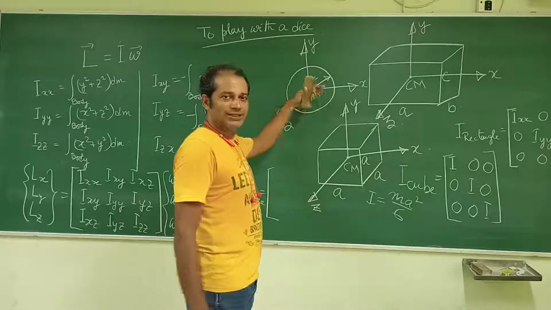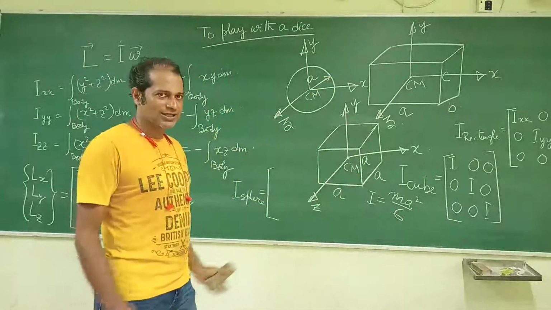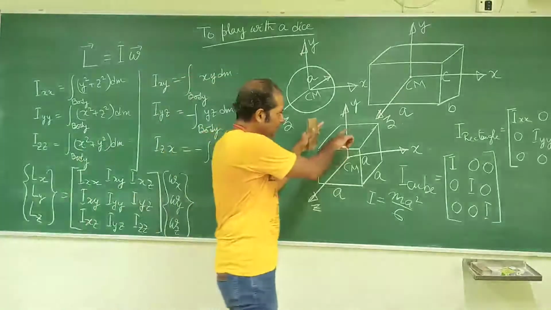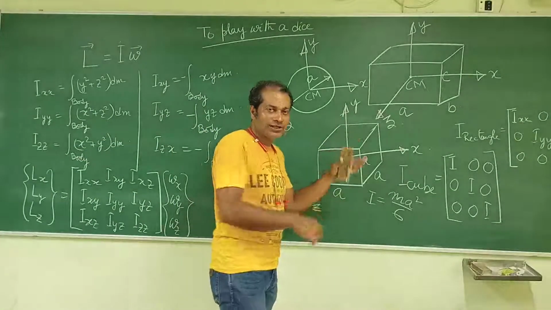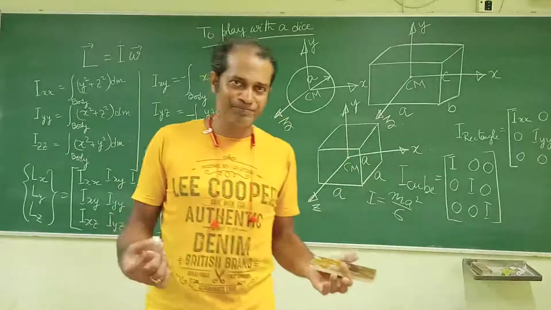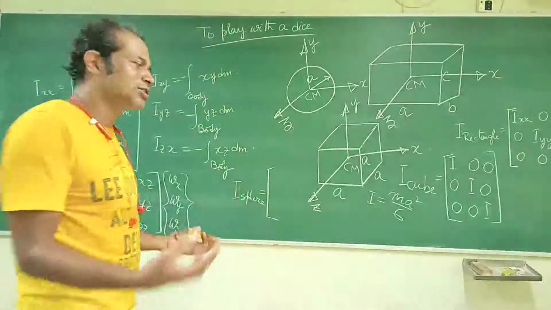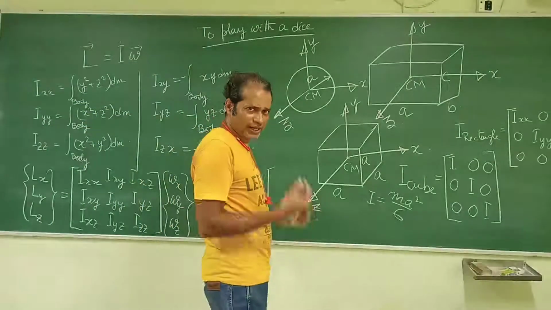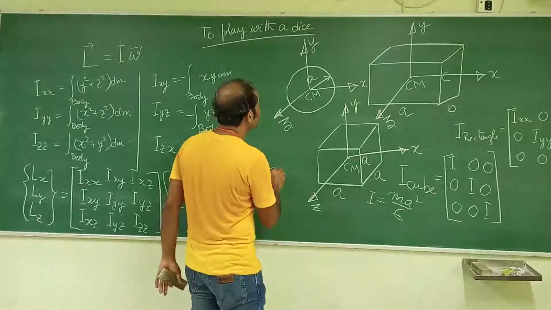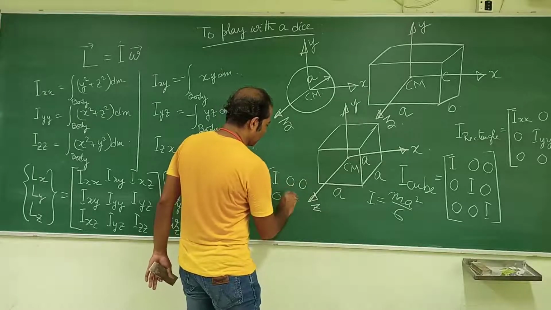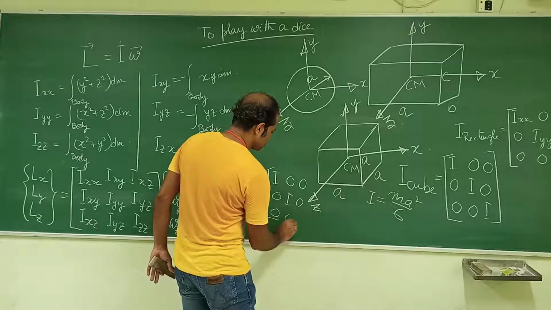For this part, if you reorient the coordinate, the shape is not going to change because it is a sphere. But over here, if you reorient, the symmetry might be lost. That you don't know, right? Might be lost or might not be lost. But conveniently for the sphere, I can write I 0 0, 0 I 0, 0 0 I.